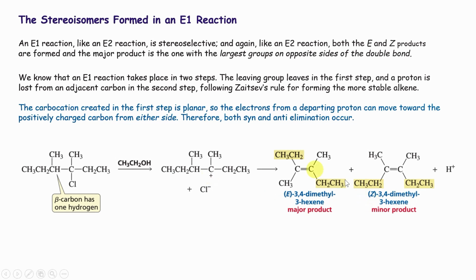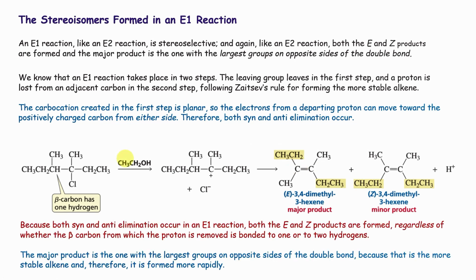Okay, that is stereoselectivity in the E1 reaction, similar to the E2 reaction. One important point to remember: both syn and anti-elimination occur in an E1 reaction. See, in the case of the E2 reaction, only anti-elimination takes place.